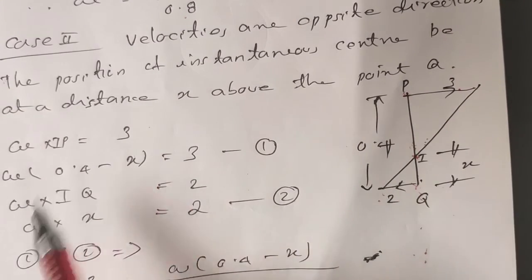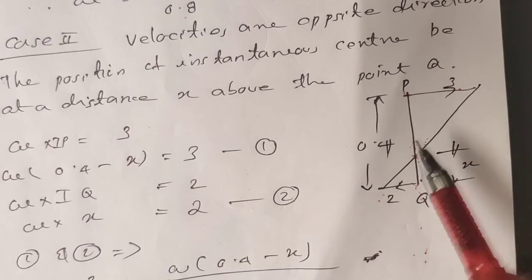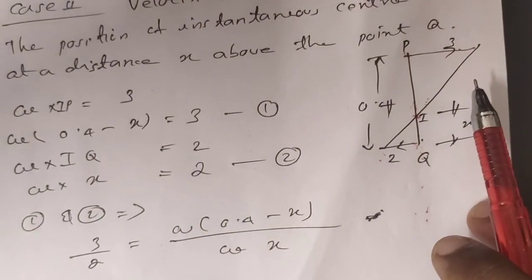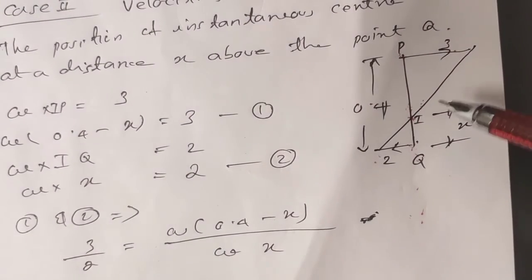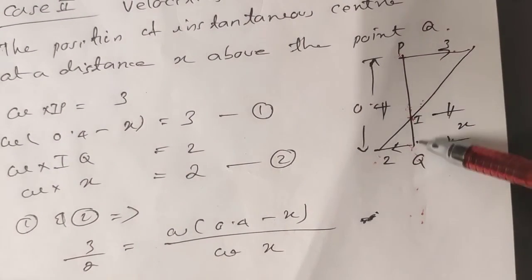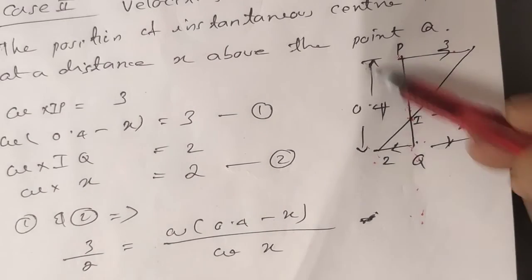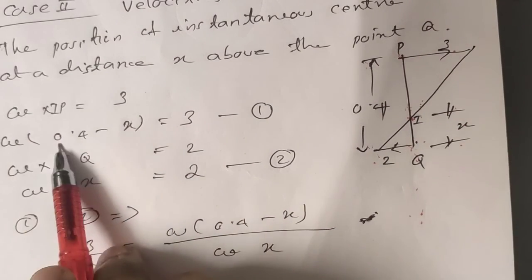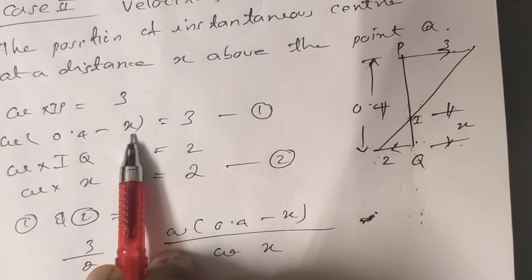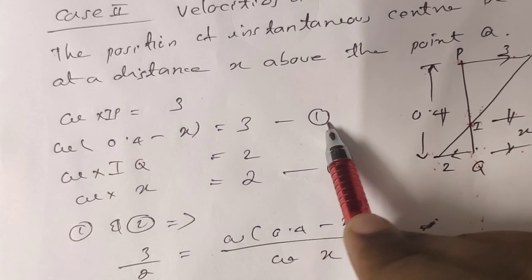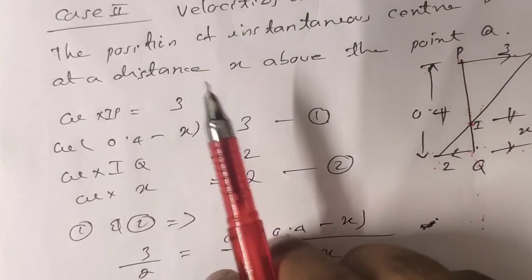Instead of IP we can say 0.4 minus x. So omega into (0.4 minus x) equals 3. This is equation number 1 in case 2.